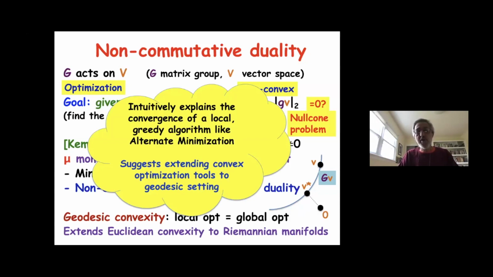And it also suggests how to extend the results to the case that you don't have a product structure, to other actions, because we know convex optimization in the Euclidean case, and we can try to extend it, which we'll do.